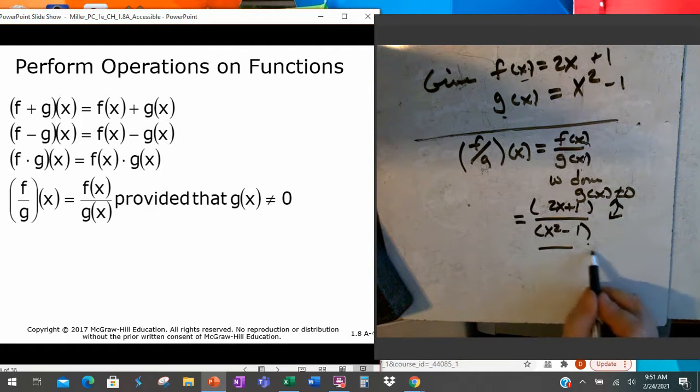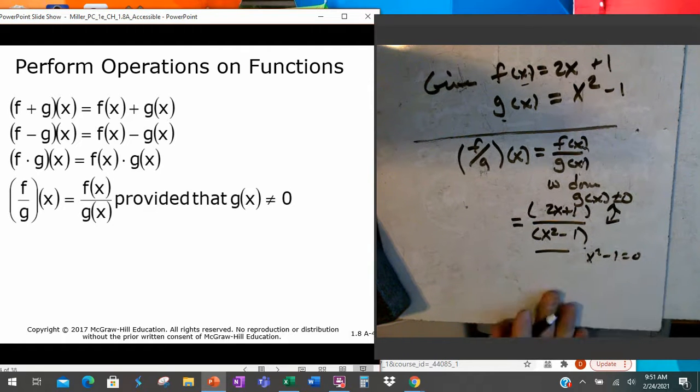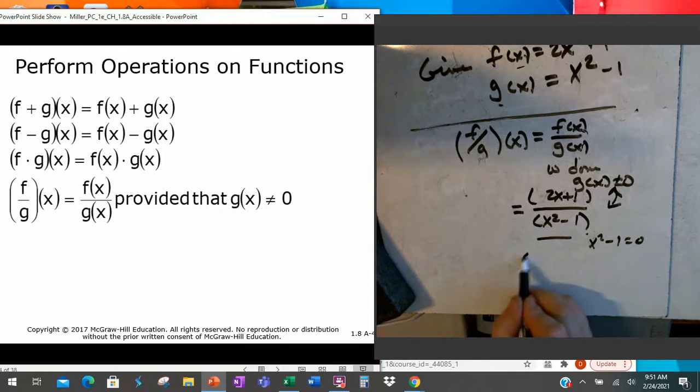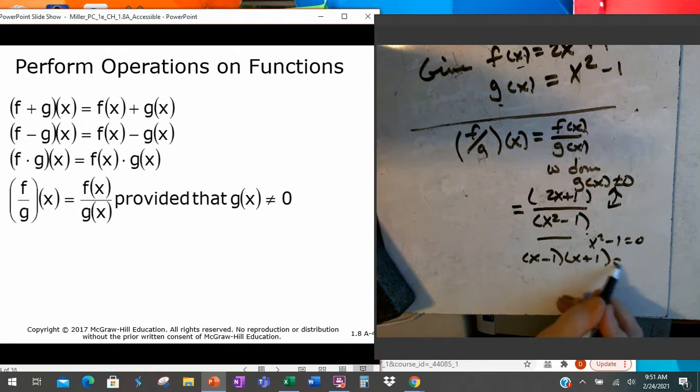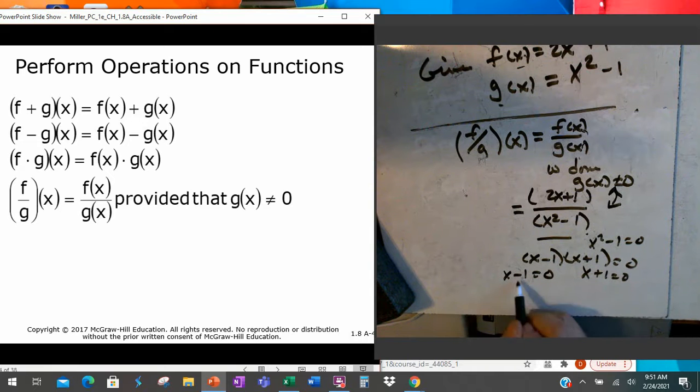So where is x squared minus 1 equal to 0? Well, I need to factor. In this case, I can. That's just the difference of two squares. And then my zero property says, where's x minus 1 equal to 0? Where's x plus 1 equal to 0? x equal to 1, x equal to negative 1.